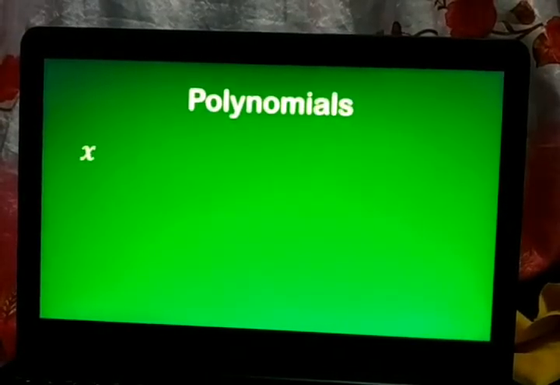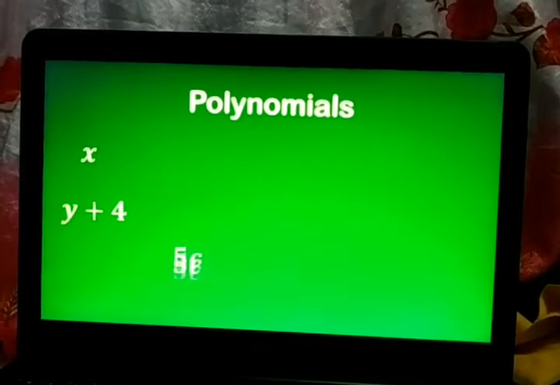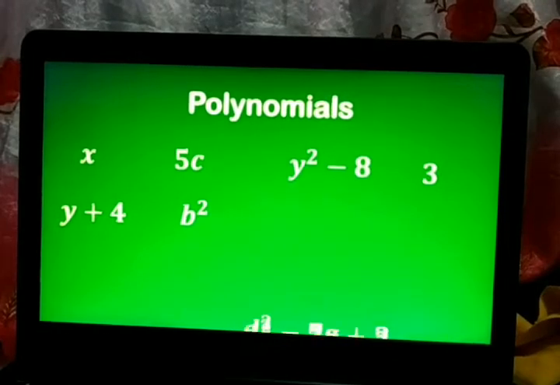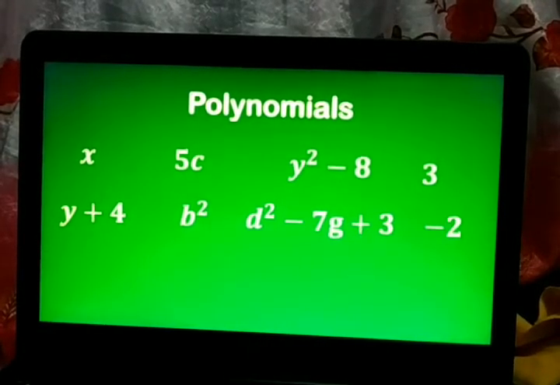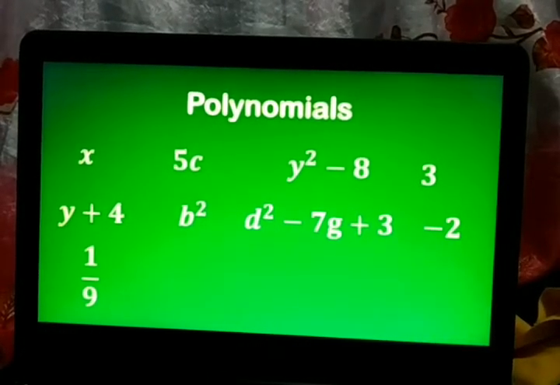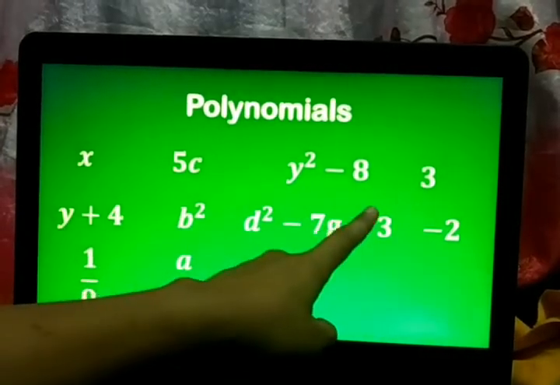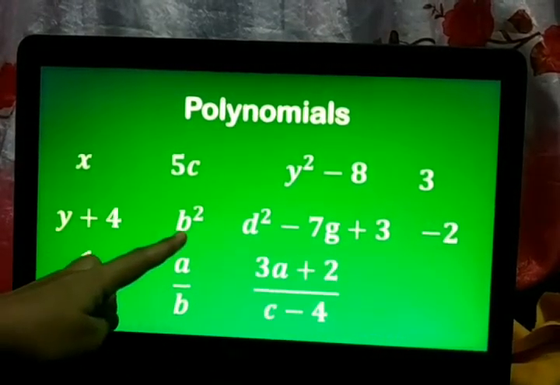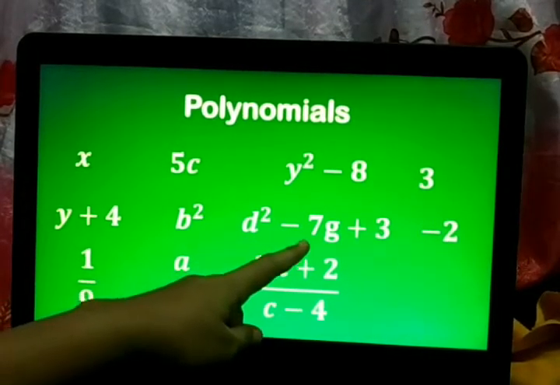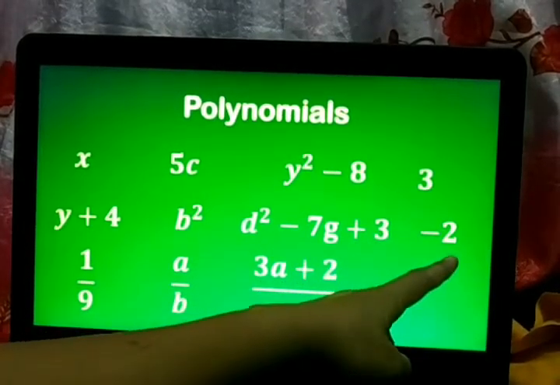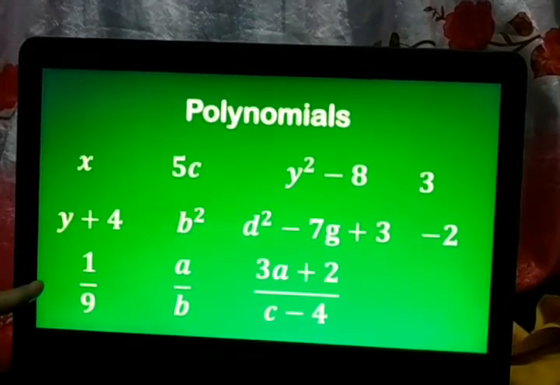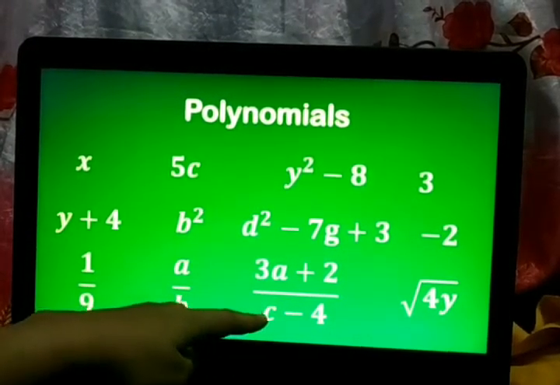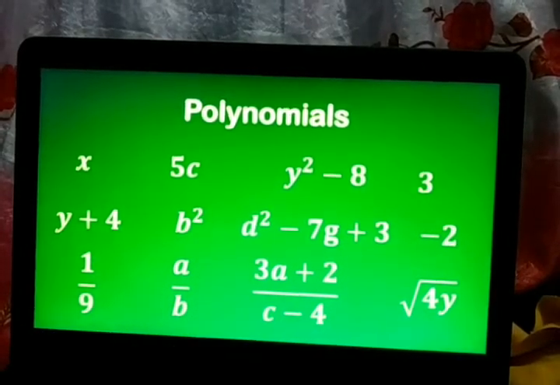Polynomials are these examples. We have here x, 5c, y squared minus 8, 3, y plus 4, b squared, d squared minus 7g plus 3, negative 2, 1 over 9, a over b, 3a plus 2 over c minus 4, and square root of 4y.